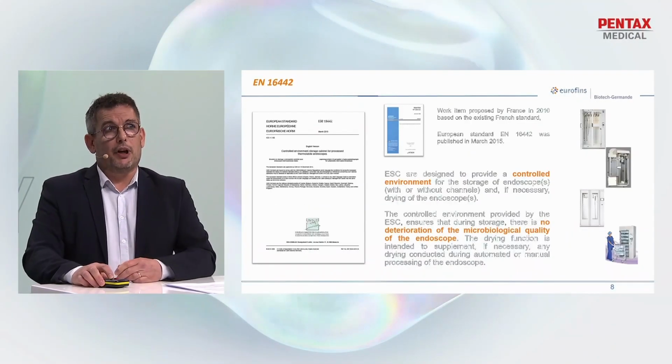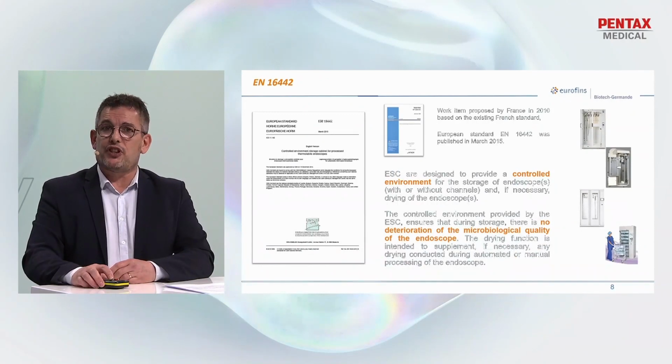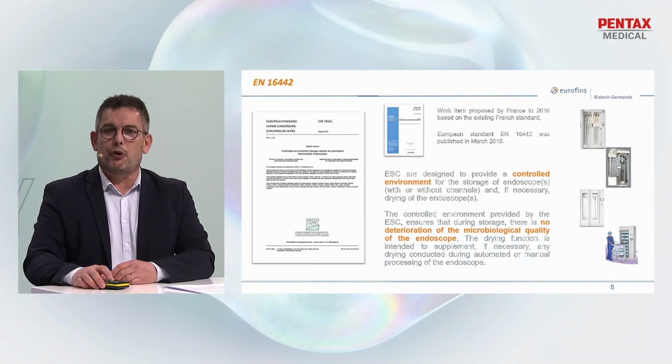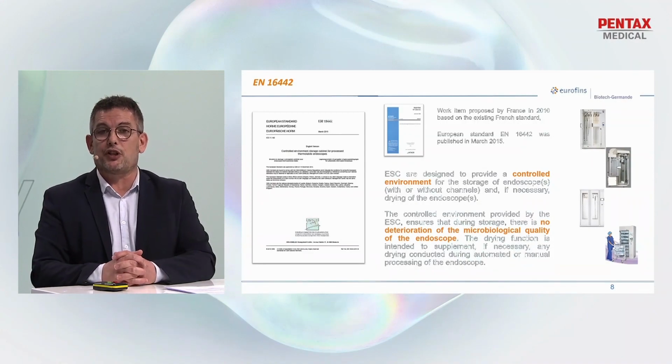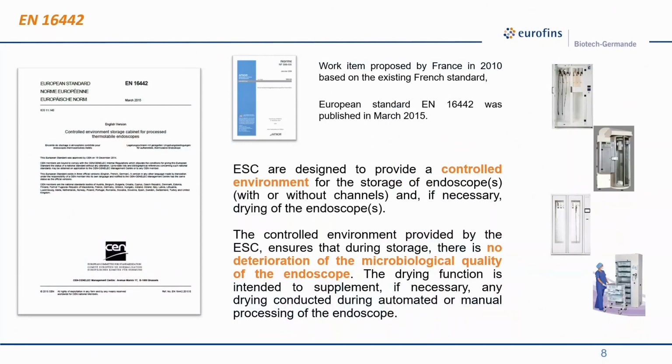And this standard 16442 is the first standard published in Europe about storage and drying cabinets. It was published in 2015 based on a work item proposed by France in 2010.